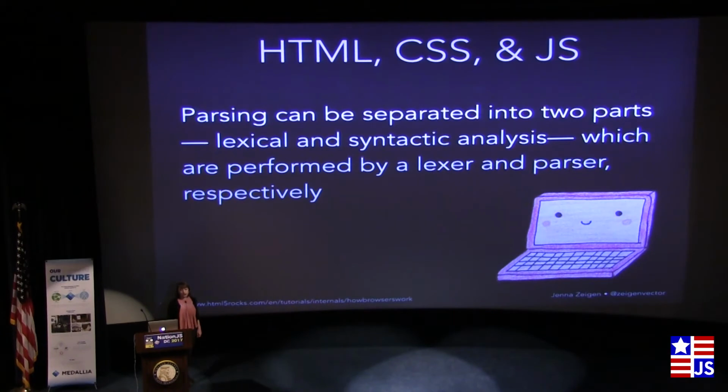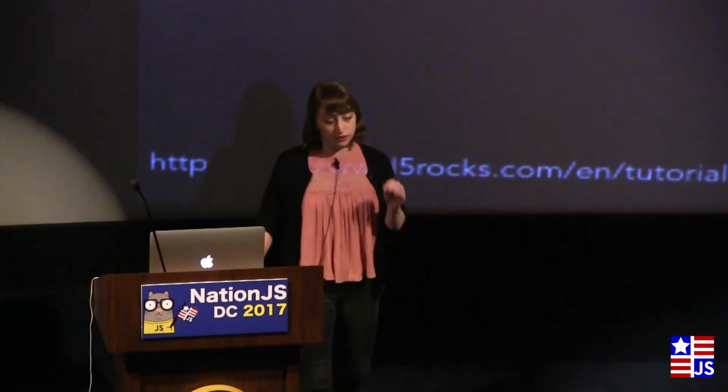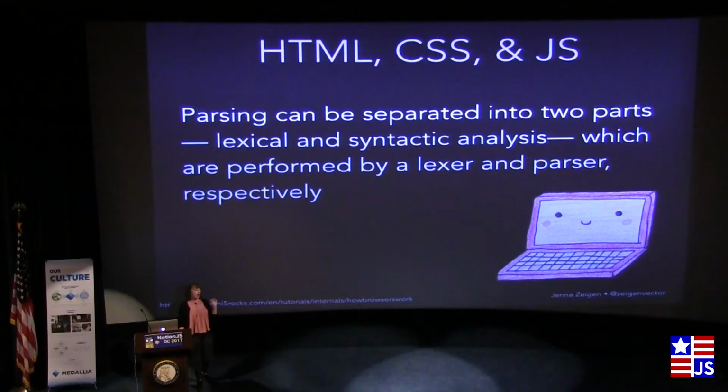Parsing can generally be separated into two parts, lexical analysis and syntactic analysis. Lexical analysis is the process of breaking down the input into tokens, which are the language vocabulary, the collection of valid building blocks. This is done by what's called a lexer or a tokenizer. So if we were to have a language that just modeled addition, like 2 plus 2, the 2, the plus sign, and the 2 would all be tokens in that language.